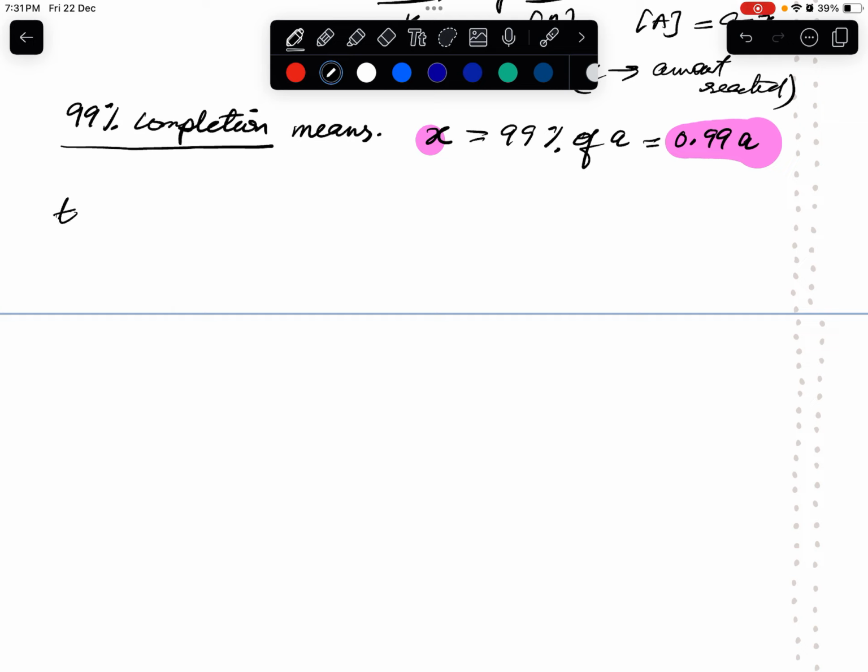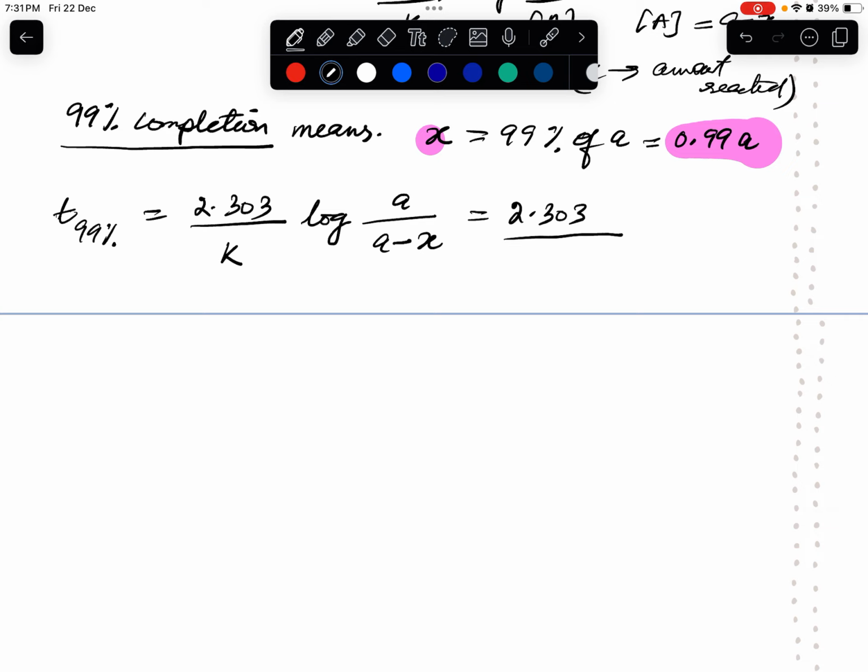Now we will write down the equation for this. Time taken for 99% completion is given as 2.303 divided by k log of a divided by a minus x. a is the amount present initially, and a minus x is the amount left after some time. We can put down the value, 2.303 divided by k log of a divided by a minus 0.99 a.